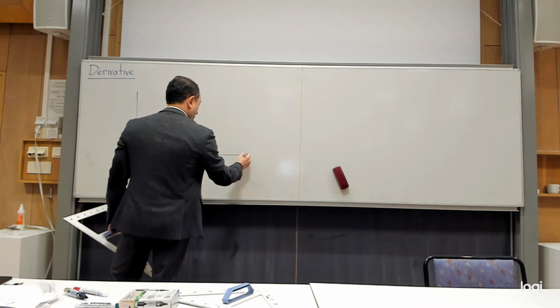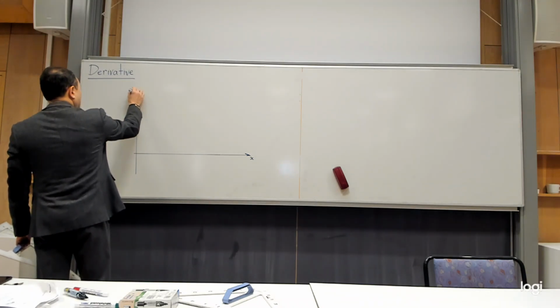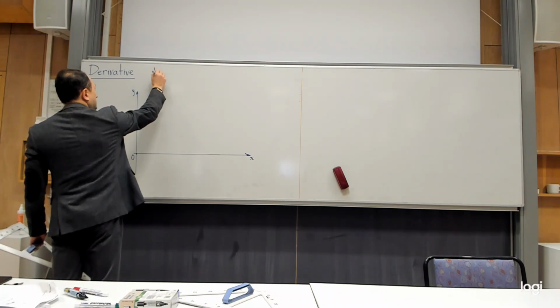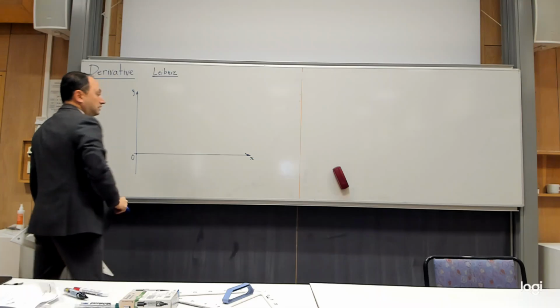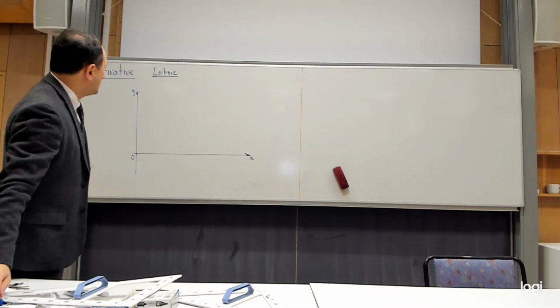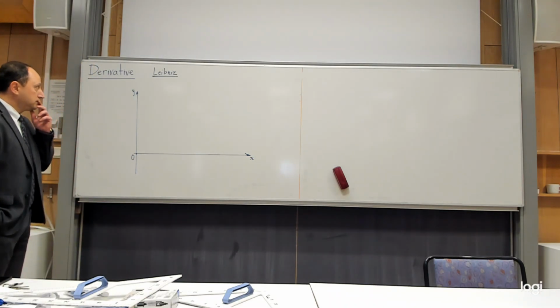So this is the x-axis and this is the y-axis. And this is, for example, the origin. So Leibniz is also a genius, actually, from Germany. So he was thinking about this problem. He wanted to solve this problem.